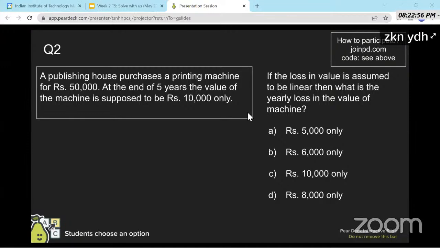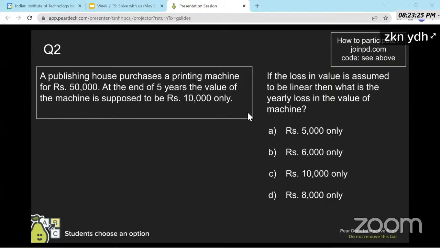This machine was purchased 5 years before. So 50 divided by 5 is equal to 10. In that way, so many people get C as the answer, 10. Yes, I know that, Chaitanya.